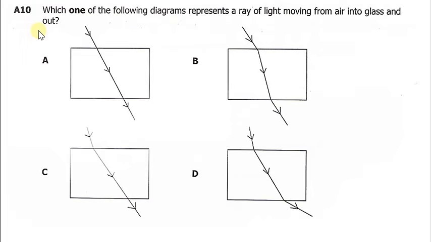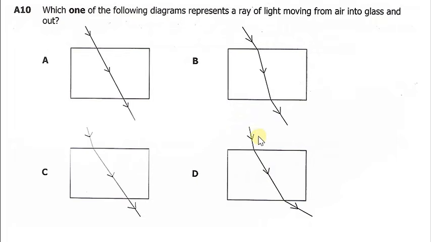Then we go to A10, which says: which one of the following diagrams represents a ray of light moving from air into glass and out? So we have glass blocks. They want us to see the diagram which represents a ray of light moving from air into glass and out.